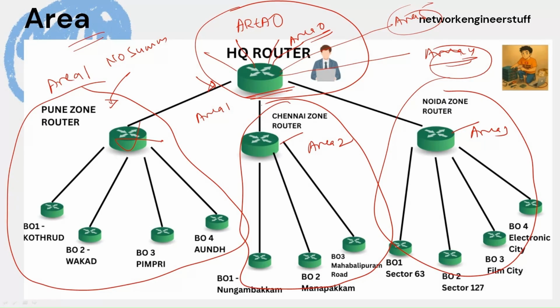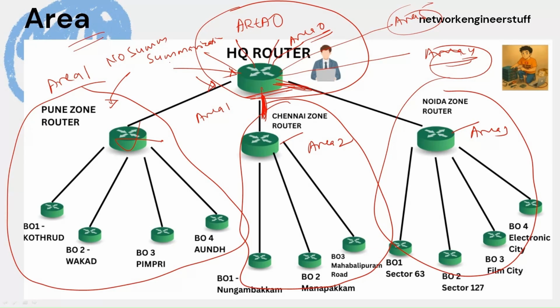It will also have some link in area 2, and some link in area 3. Such a router is known as an ABR, that is, area border router. And this area border router will only do summarization. No summarization within an area, but summarization will be done only by the ABR.